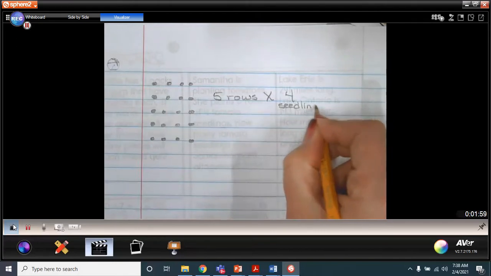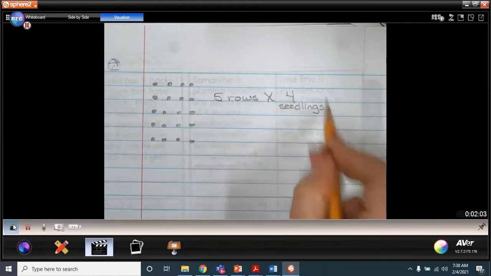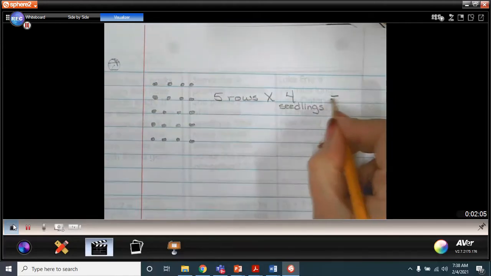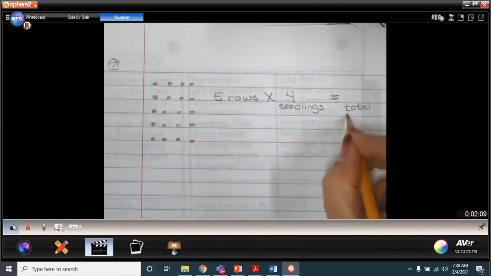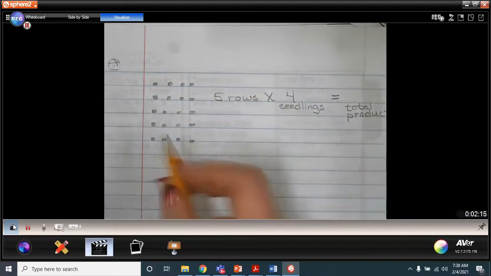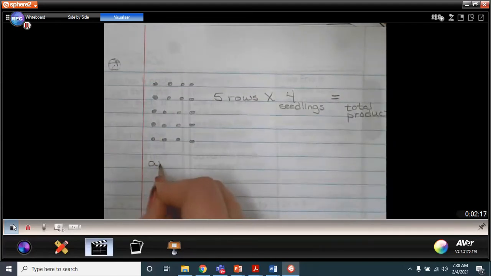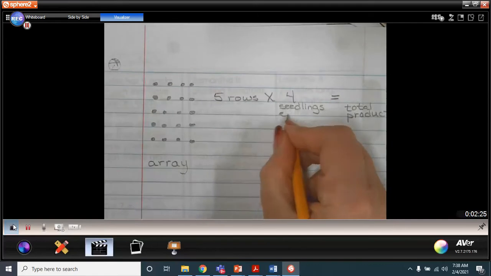So remember, with multiplication, it's groups, the number in each group, and our product is looking for our total. So we call this the product. Remember product? So we're using an array to help us show this idea or this visual. 4 seedlings each row.